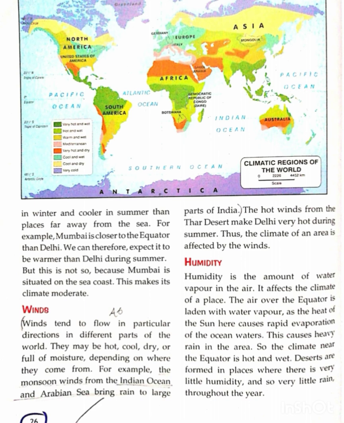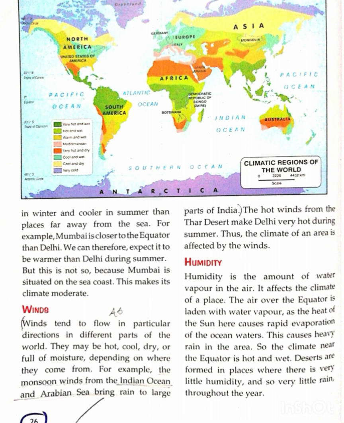In your book, an example has been given of Mumbai. Since Mumbai is closer to the equator than Delhi, Mumbai should have extremely hot temperatures as compared to Delhi. But what happened?